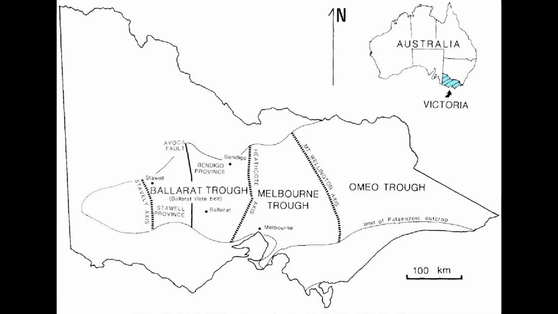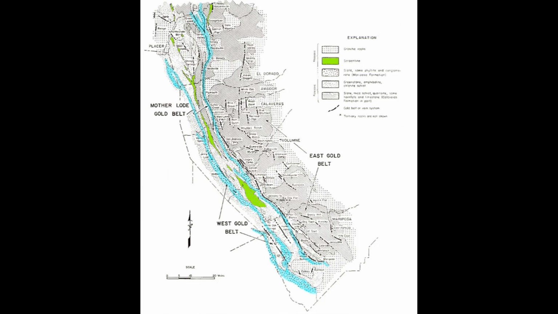These slate belt deposits are some of the richest deposits in the world and are home to very large areas of gold-bearing deposits that are spread throughout them. This is the area that's the Golden Triangle in Victoria State in Australia. Another of the most famous slate belt gold-type deposits is the Mother Lode country in California.